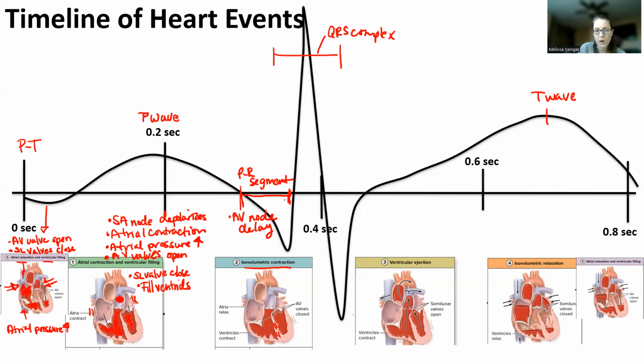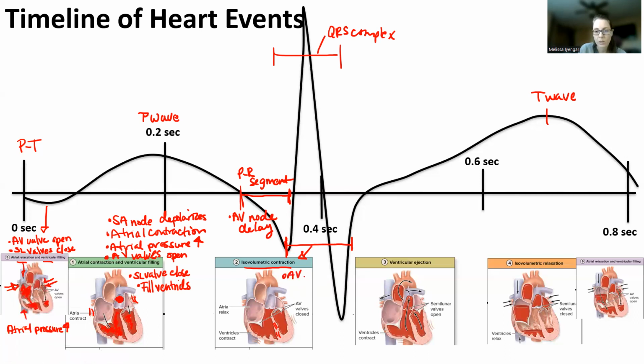So this is where our QRS is going to start, okay? So that is going to be QRS, isovolumetric contraction. Here, our AV node to our AV bundle are all going to contract. Like everything down the interventricular septum is going to contract.